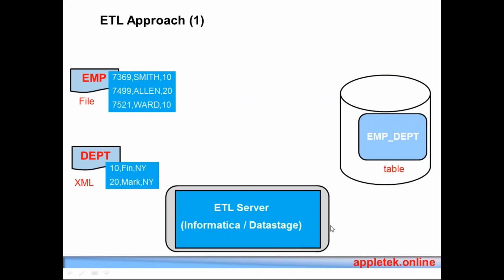For that I bought one server and installed, let's take the example of Informatica, and then I developed a program. Program development will be much easier because we use graphical tools. We have a graphical IDE, so you will not have any pain in program development. And now I executed this program, which we developed in a graphical tool, on an ETL server.